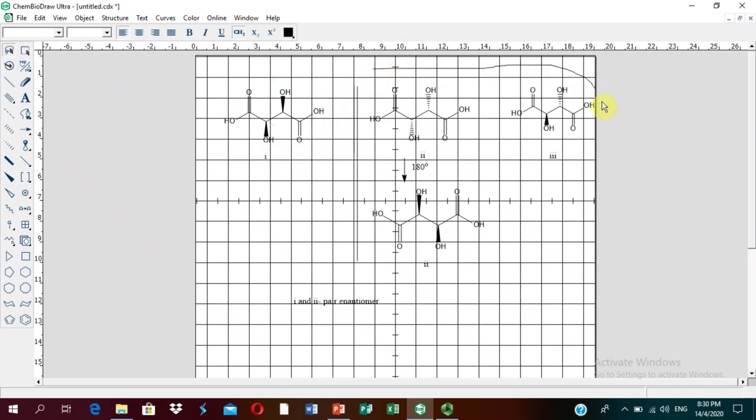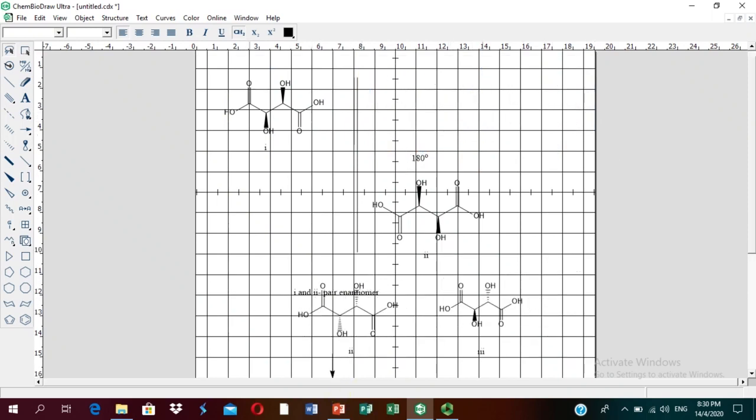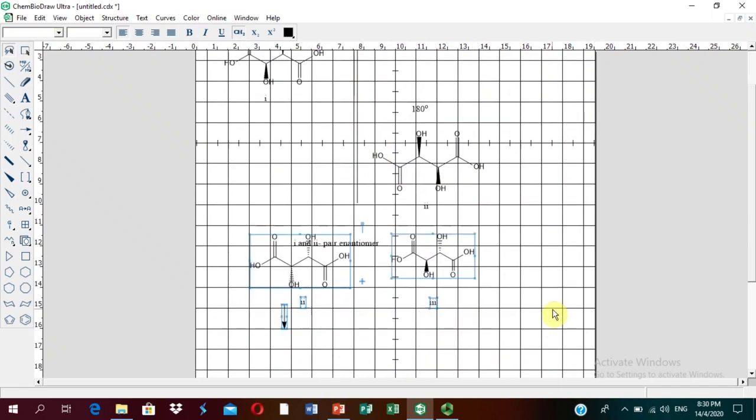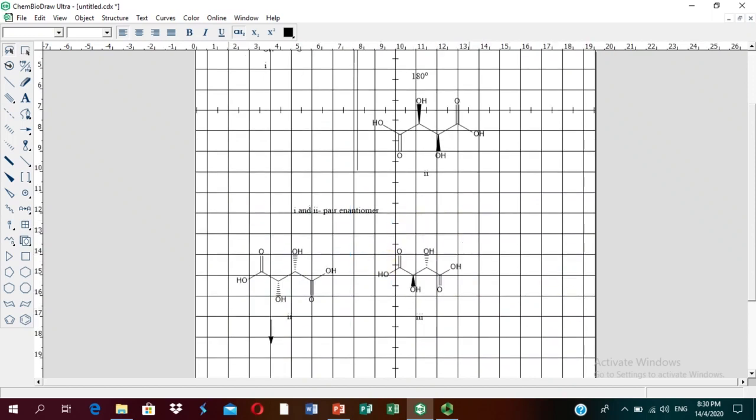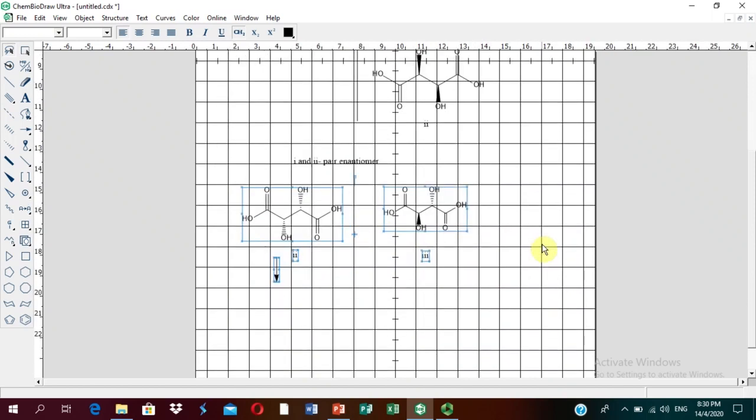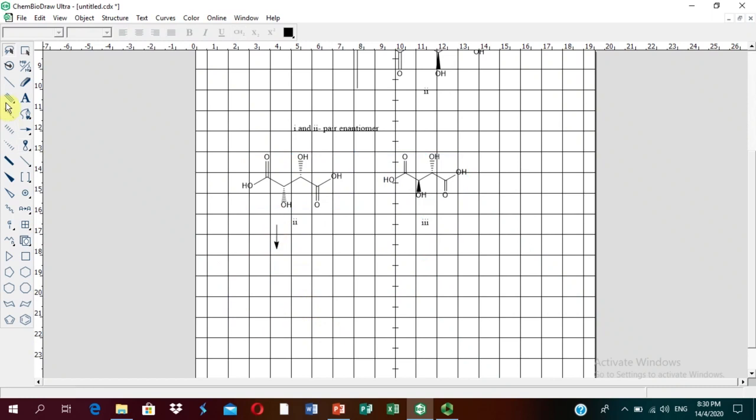Okay, I think we bring it down here. Number 2, see here. This is object, this is image.